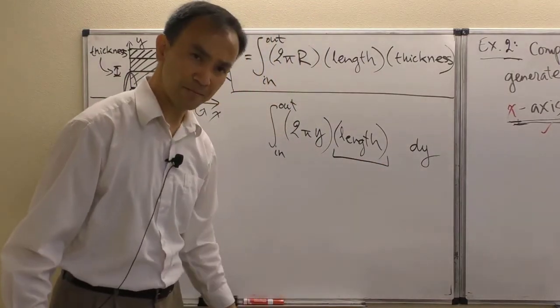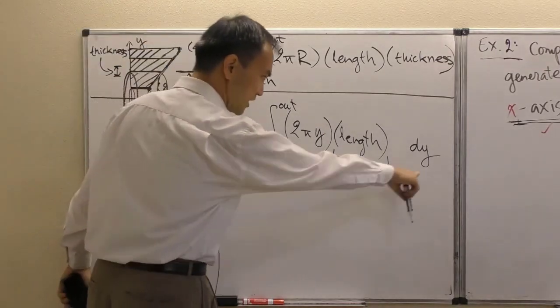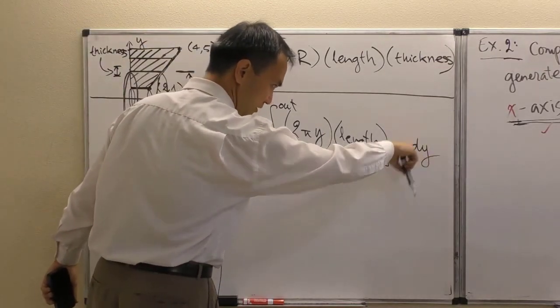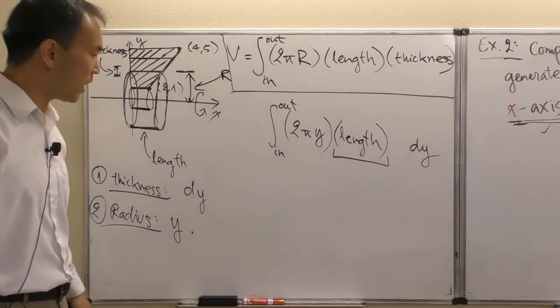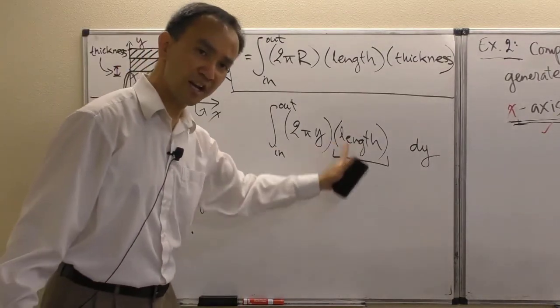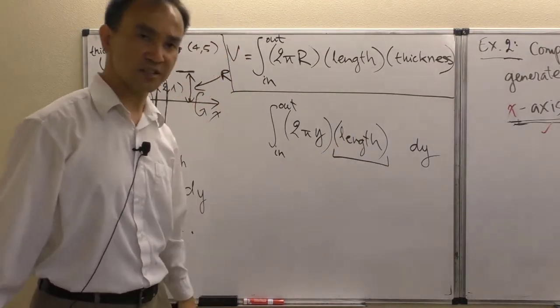All right, and now I'm going to find out how I can express the length here as a function of y. It's also consistent with the fact that the expression here has to be a y expression. It's a dy right here. That's why I knew I'm looking for a way to express the length in terms of y, as a function of y.